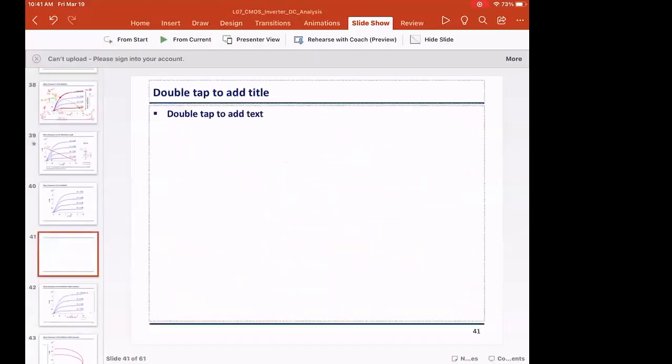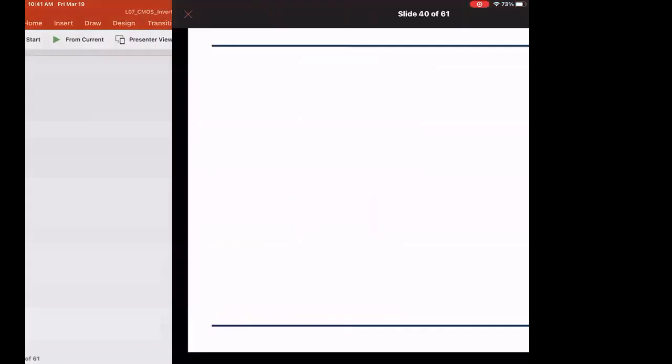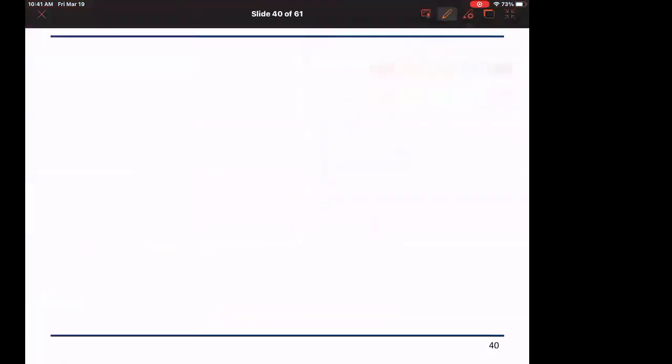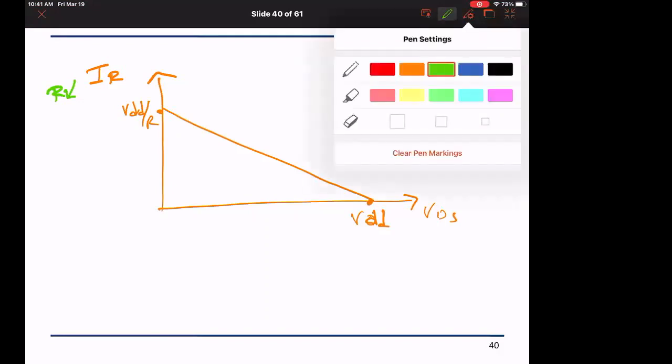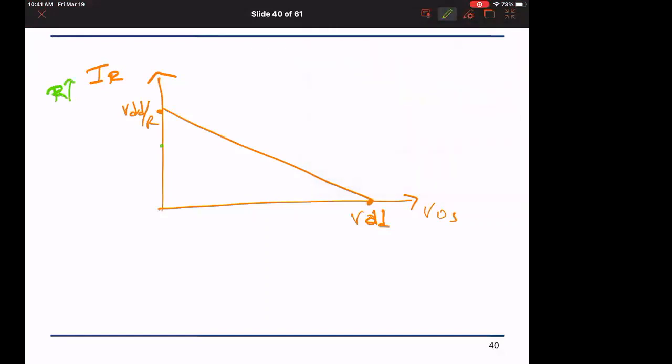What we really want to know from this is the following: when I draw the resistor current versus VDS, so this is IR versus VDS, it intersects here at VDD, and here it intersects at VDD over R. If I have another R that increases, then VDD over R is going to drop and the line is going to be this one.